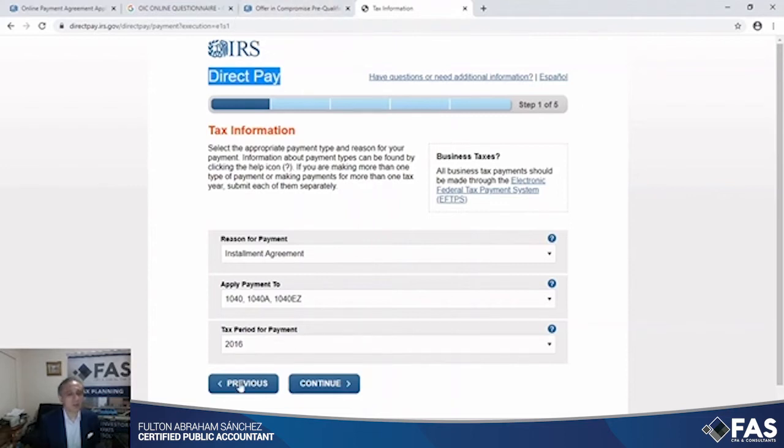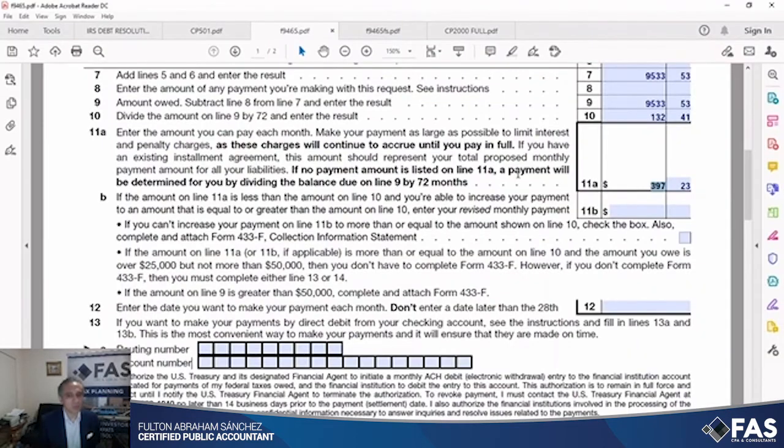It's critical that if you have an IRS debt, you first create the installment agreement, and then you mail it, and then by that date, let's say that on line number 12, what day of the month. So I'm going to say the 28th.